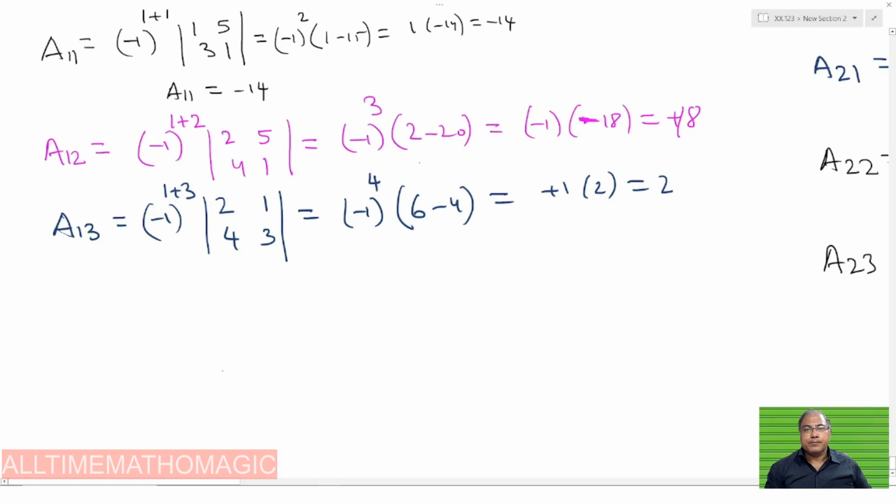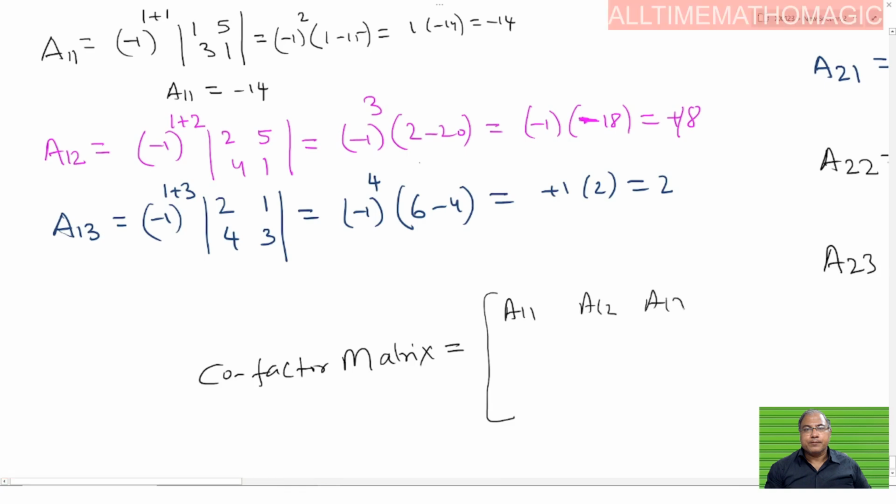After that, we have to find the cofactor matrix. That is nothing but the matrix formed by all cofactors A11, A12, A13, A21, A22, A23, A31, A32 and A33.